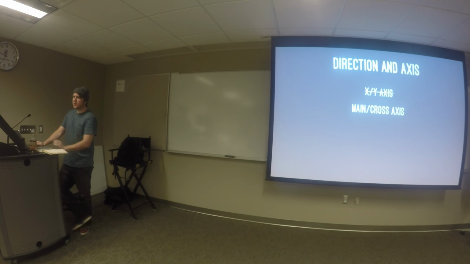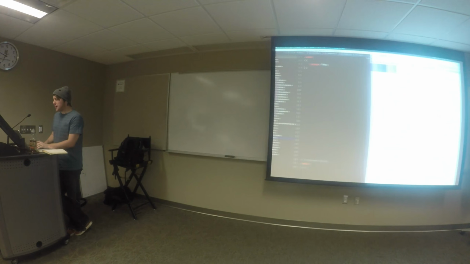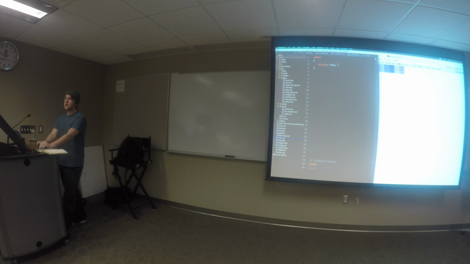The main axis is when you set the direction of the flex, which we'll see here in a second, is either going to be row or column. Row is by default, and like you saw back over here, when I hit the display flex, all of its children go horizontal. That's because by default, the flex direction is set to row.